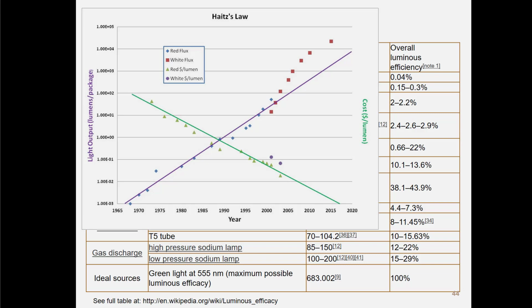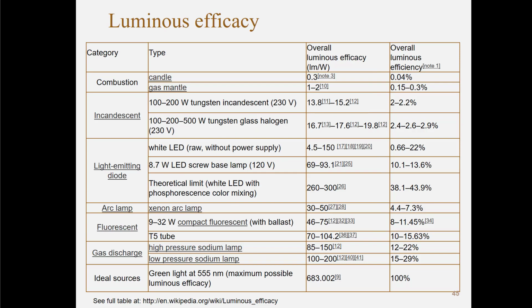It basically states that the cost per lumen falls by a factor of 10 every decade, and the power from each package grows by a factor of 20 each decade. So these LEDs are becoming more powerful and cheaper, which of course also makes them very interesting for applications, for example in spectroscopy.